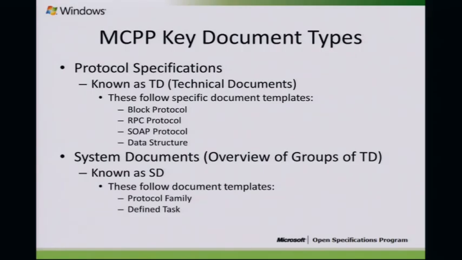There was protocol families, which essentially is an overview document that describes a group of protocols. And then there were so-called defined tasks. And rather than describe groups of protocols in a document, they essentially describe tasks you might want to do. So join a domain was a good example of a task. Okay? And that, of course, did exercise a bunch of protocols.